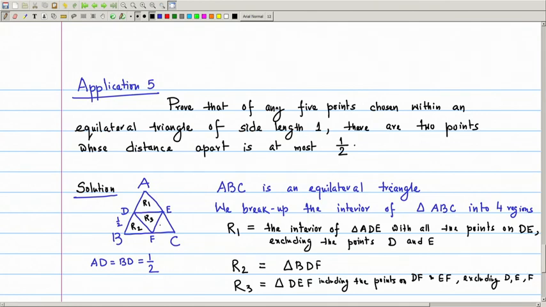I take another region R4, which is triangle CEF.